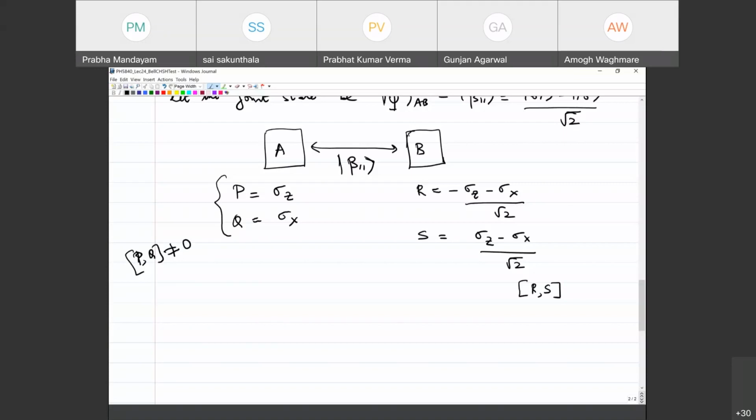When we add them up, they don't come with the same signs, no? There is plus sigma X, sigma Z, and there is minus sigma X, sigma Z, and minus sigma X, sigma Z is plus sigma Z, sigma X. So I claim, in fact, that this is not 0, but please check. Watch out for the signs and the order.